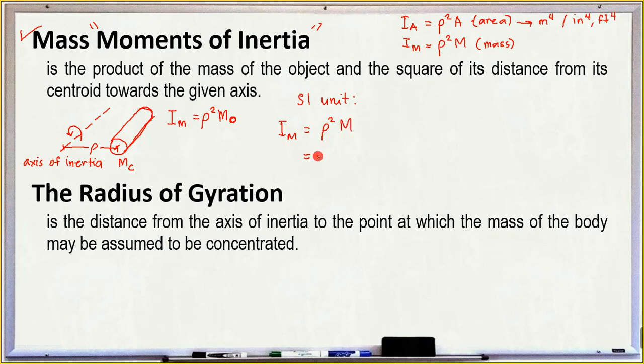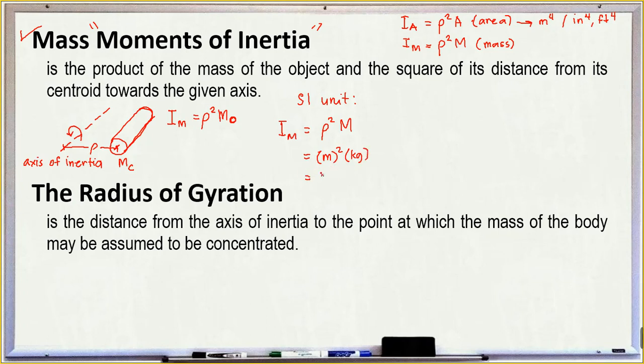Now for SI, this rho is not density, but this is a distance. So try to distinguish between the two. So we use rho here to specify the distance. So mostly in SI, that is in meters. So we have meter squared, and our mass is in kilogram or gram, so on and so forth.